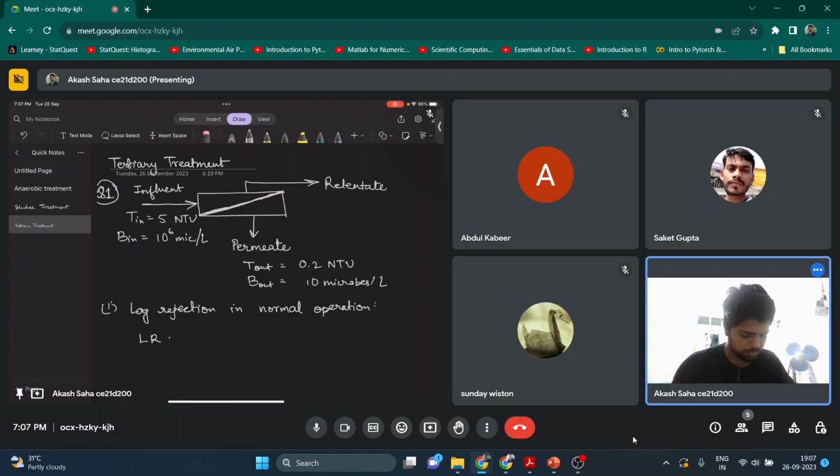So my LR will be equal to log of B out divided by B in. Since it is everything in the powers of 10, we will take the log. So that's why it is known as log rejection.